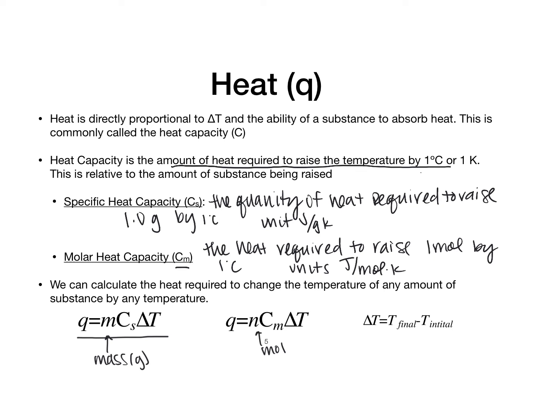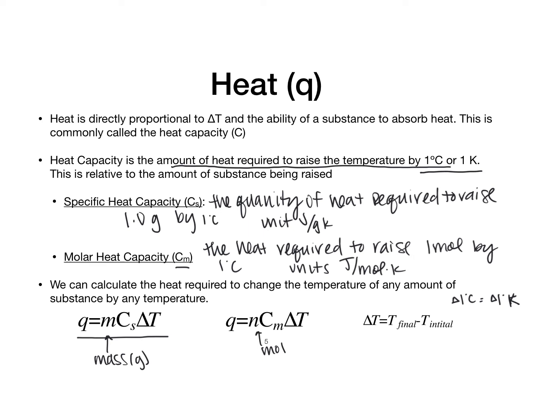Up here it says by 1 degree Celsius or 1 degree Kelvin. Technically this is in Kelvin. However, a change of 1 degree Celsius is equal to a change of 1 degree in Kelvin, which is not equal to a change of 1 degree Fahrenheit. So we do not need to convert to Kelvin at this time in order to subtract the two. If we're going to use the temperature itself, we would need to do that.